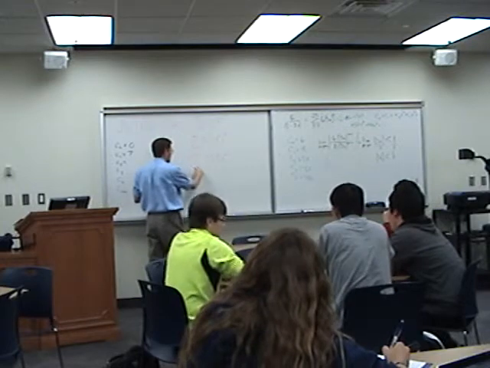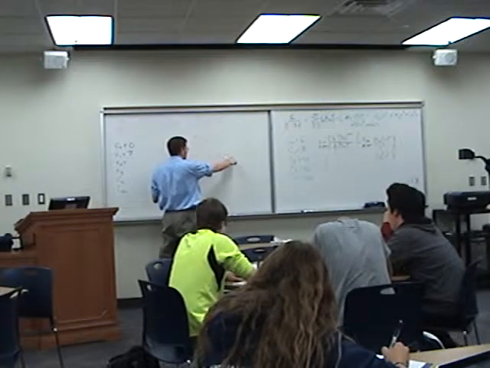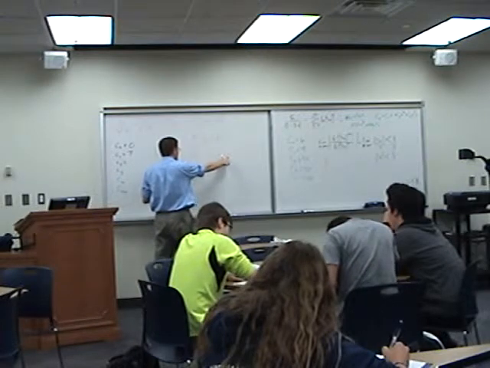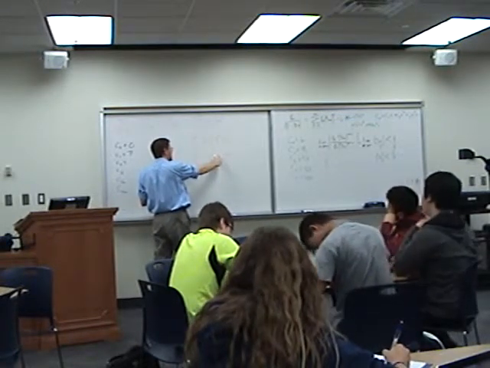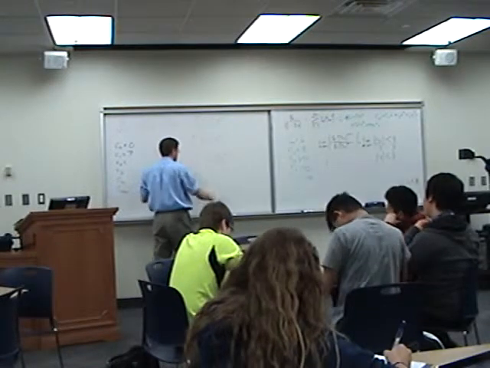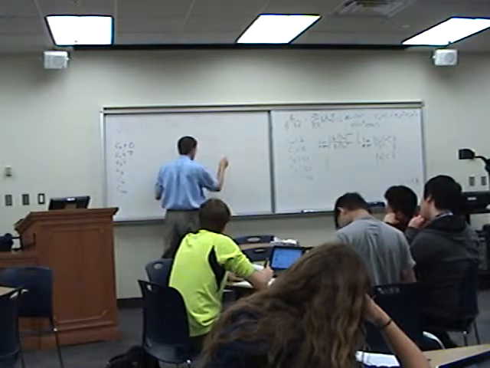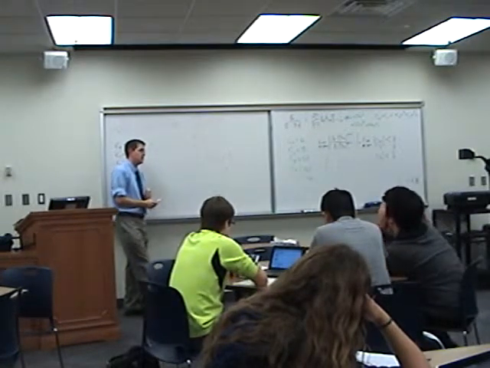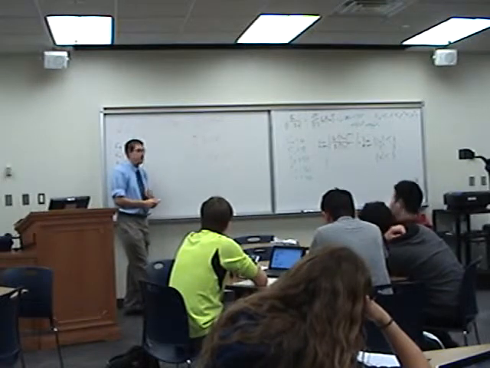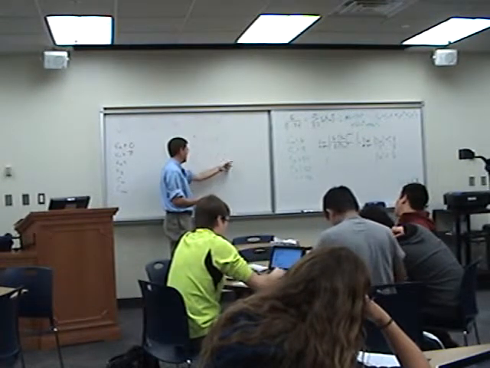You plug in n equals 1, you got 2 times 1 is 2 plus 1 is 3, so that's x cubed. Negative 3 to the first is negative 3, so that's going to be negative 21x cubed. Did I do that right? Yeah. When n is 1, that's negative 21.